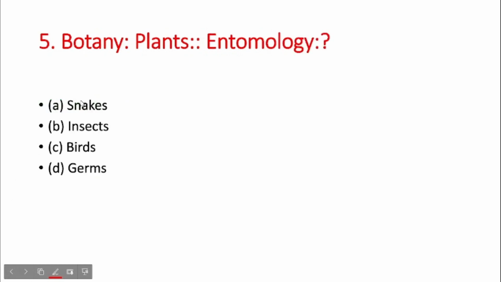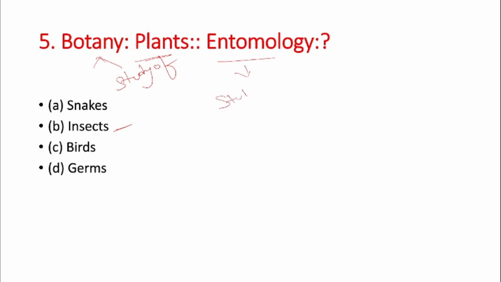And the next question: botany, plants; entomology, what? Botany means plants, the study of plants. The study of plants is called botany. Similarly, the study of insects is called entomology.